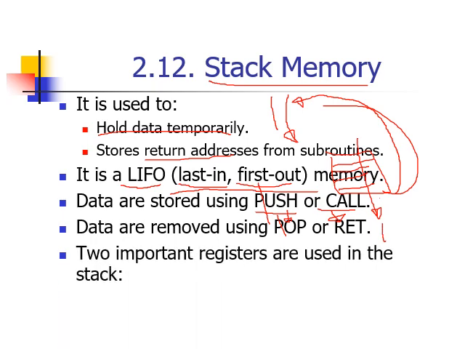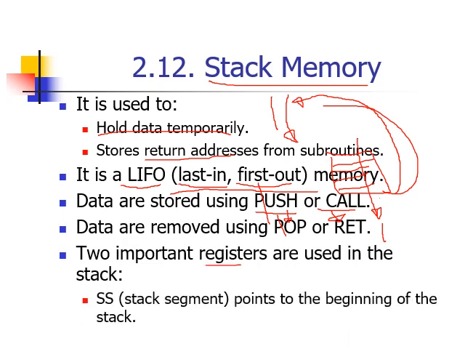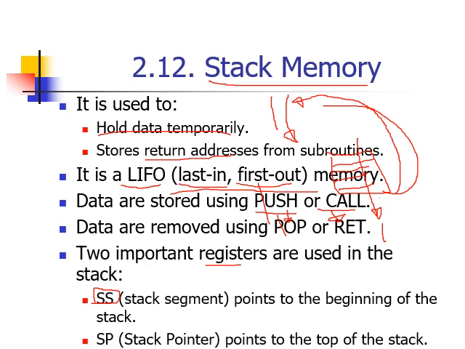Okay, and we have two registers to be used with the stack. The stack segment register, in which we store the beginning of the stack, the address of the first byte inside your stack, and SP, which points to the top of the stack.